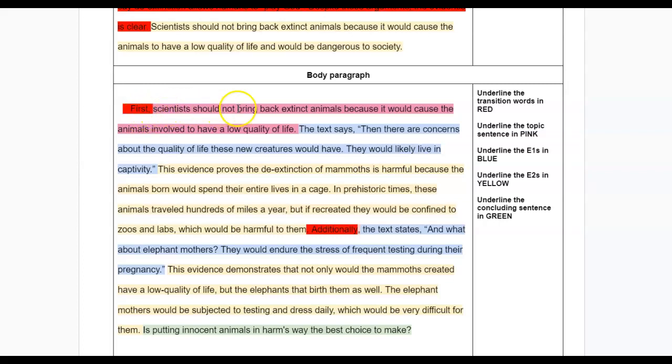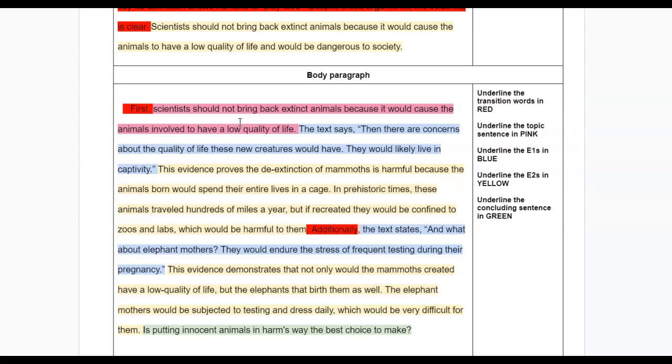So first, scientists should not bring back extinct animals because, if you notice it's the exact same as my thesis, it would cause the animals involved to have a low quality of life, which again was my first reason in my thesis. I know this might be kind of hard to tell, but the word first is going to be underlined in red, and then the rest of that sentence, which is the topic sentence, is going to be underlined in the color pink.